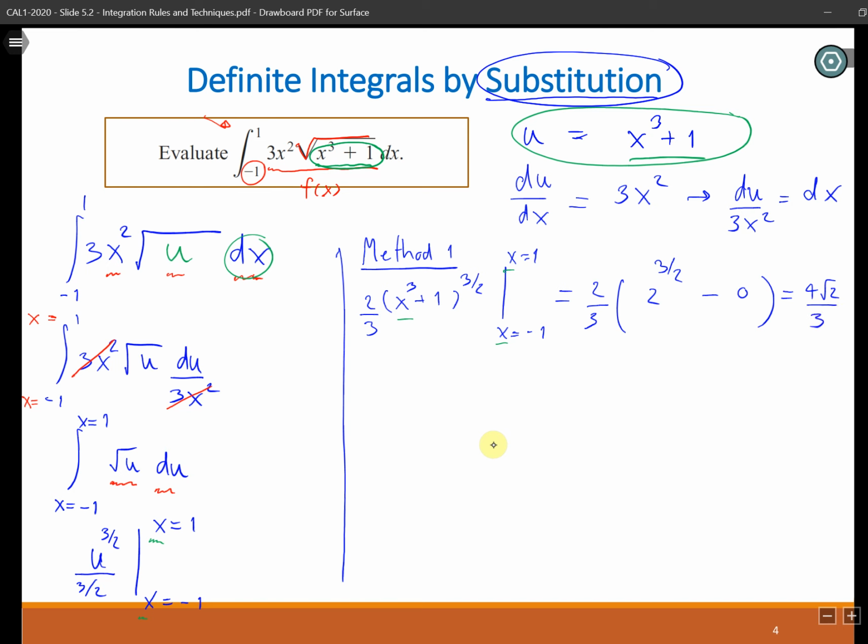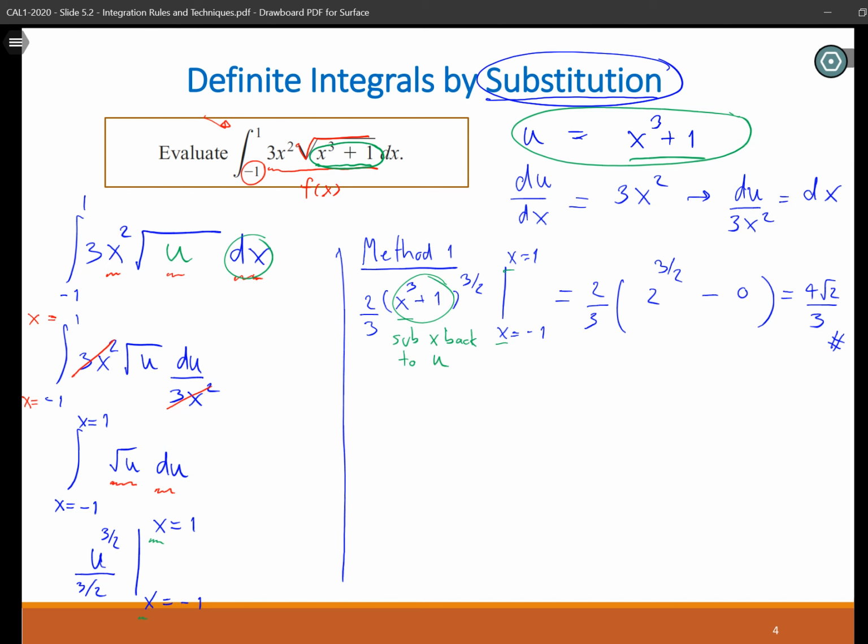Right? So that's the answer. So in method 1, after integration, we put u back to its original place. We put x back to its original place of u. So here we sub x back to u.